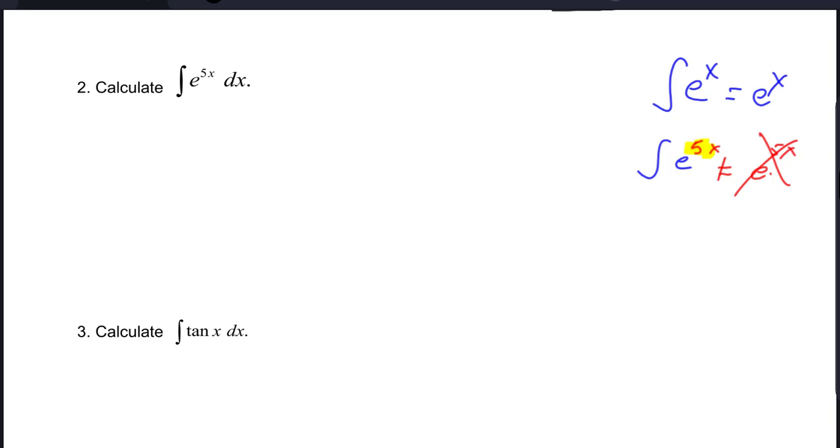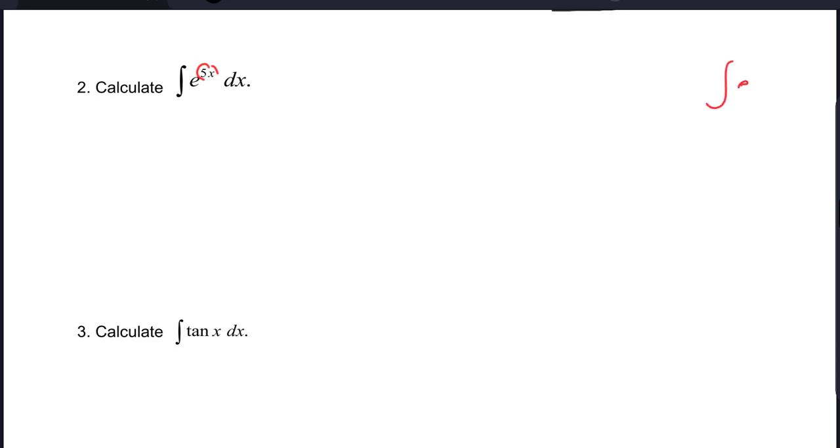This is a candidate for u-substitution. Let's give it a shot. All right, so I'm thinking this does not have an antiderivative, because the only formula for antiderivative, this has to be a single variable, not a 5x variable, but an x or a u. The integral of, oh, by the way, the integral of e to the u is easy. It's e to the u.